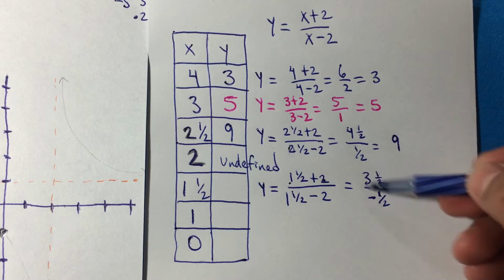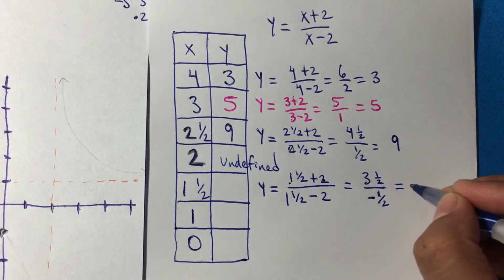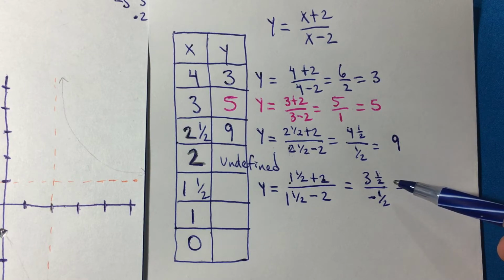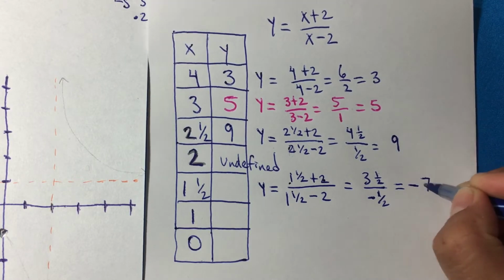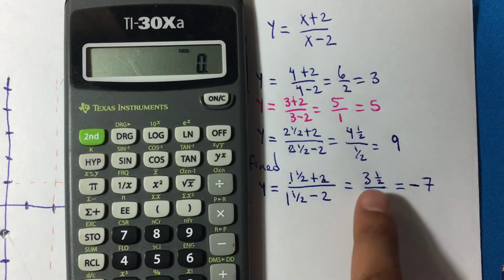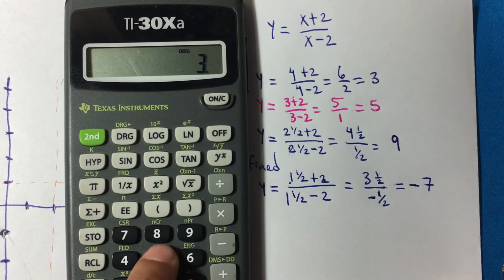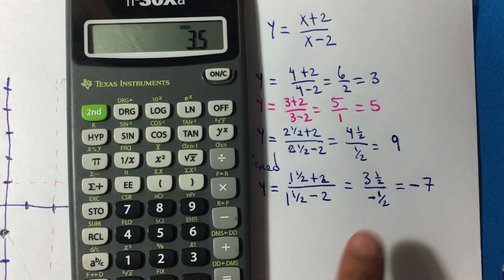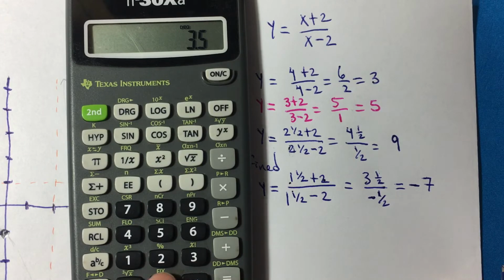Now in here, positive divided by negative becomes negative. How many halves go into 3 and 1/2? It's 7. Okay, let me show you. The other way to do it is 3.5 divided by 1/2, which is the same as 0.5, but you're going to put the negative.